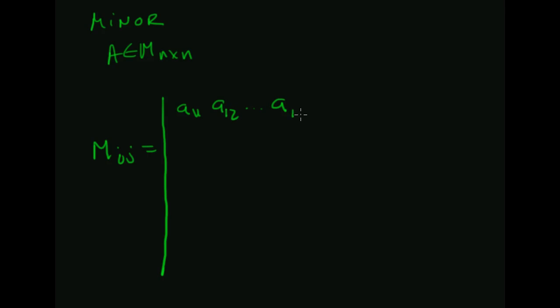without the J column. So in that row, we got rid of the J column. It's straight from J minus 1 to J plus 1. And we're going to do that in every row.